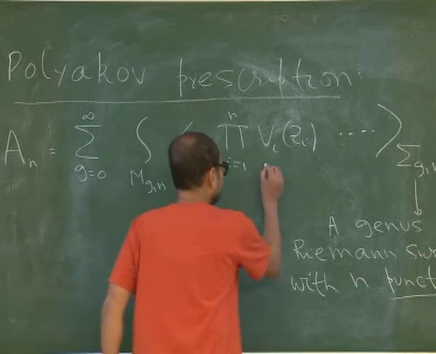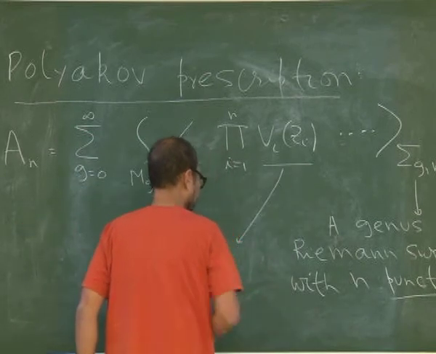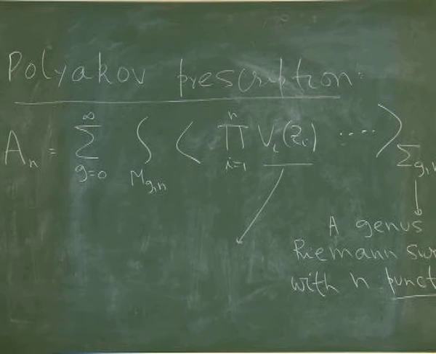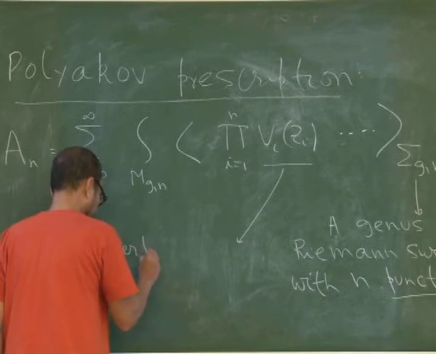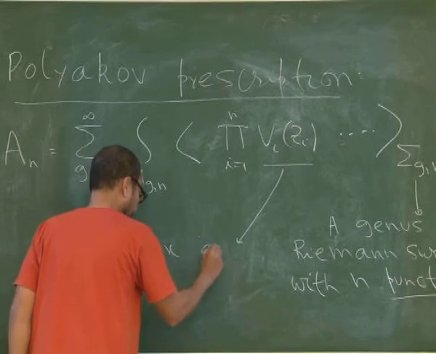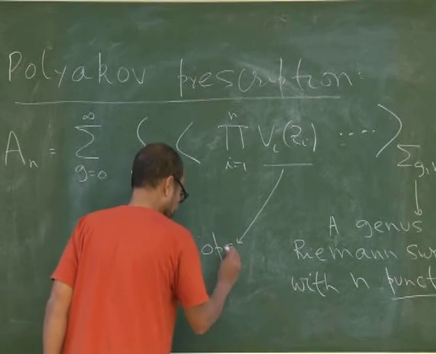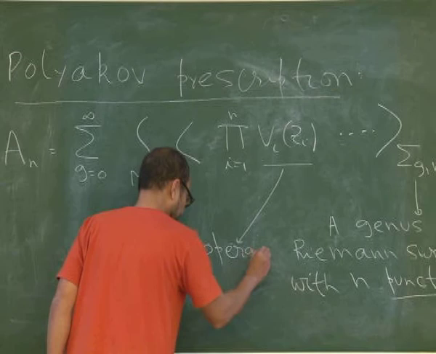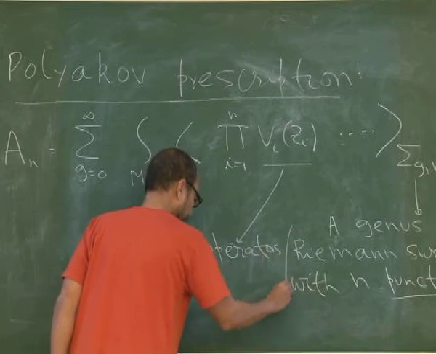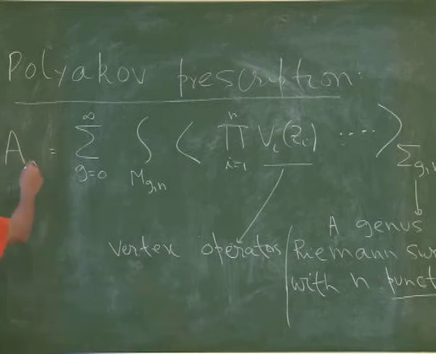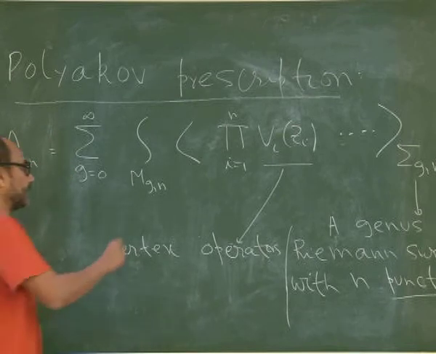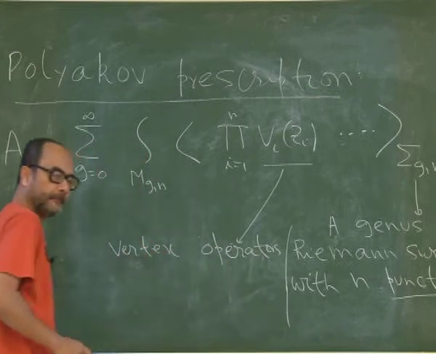So, what are these? These are what are called vertex operators. For each external state, since we are computing the n-point amplitude, for each of the n external states we introduce a vertex operator.